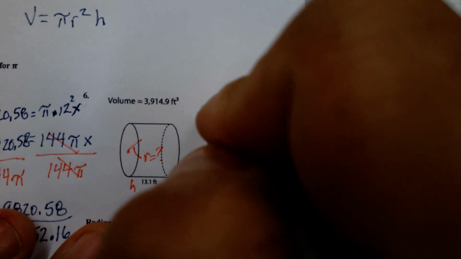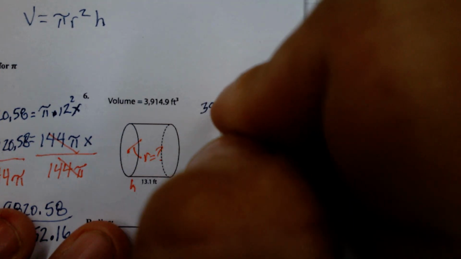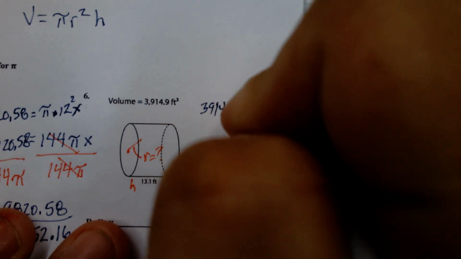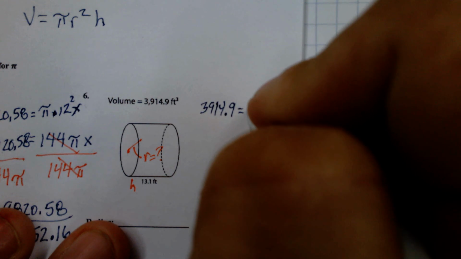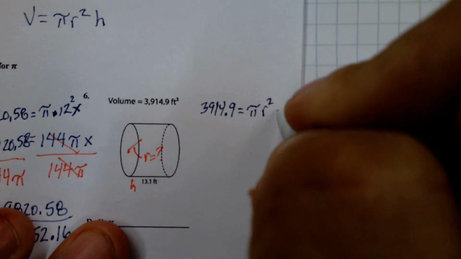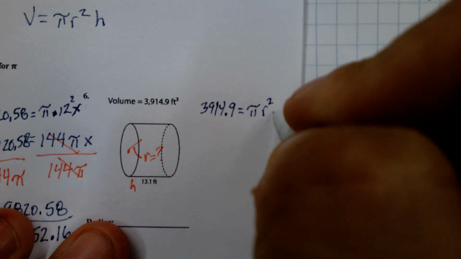And so that's the volume, 3,914.9 equals pi times radius squared times the height, which is 13.1.